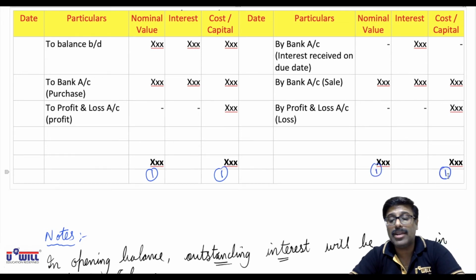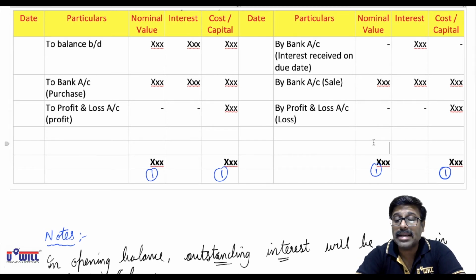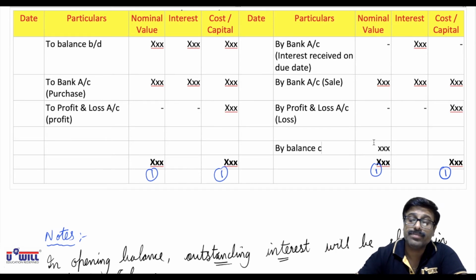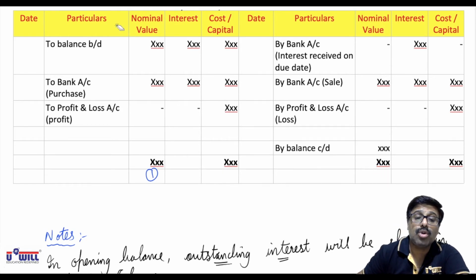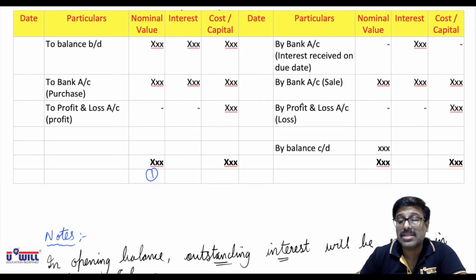Now, whatever amount remains on the credit side of nominal value would be written as "by balance carried down". So nominal value we will do the balancing first.